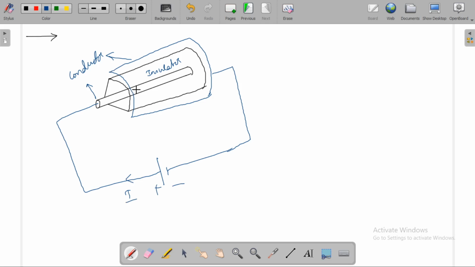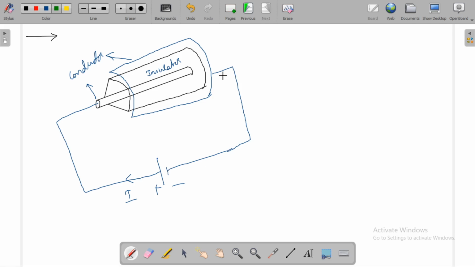Now electrons are flowing from this conductor to this conductor, in this direction.